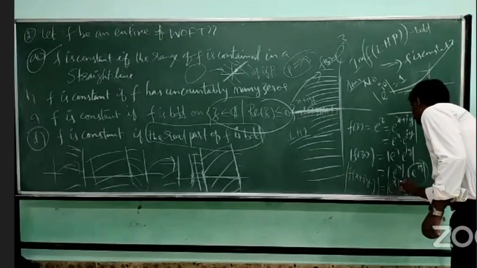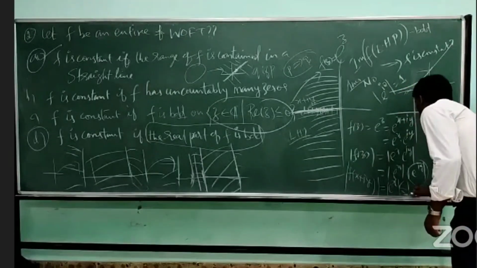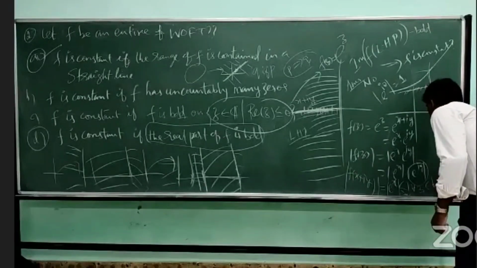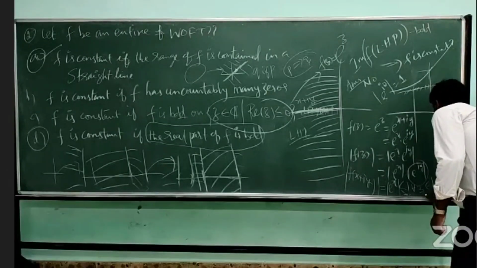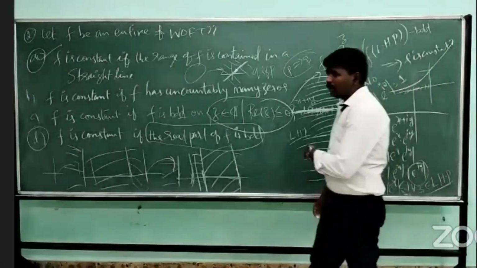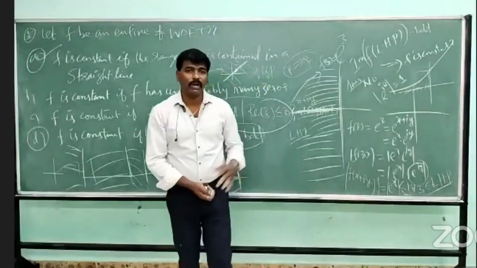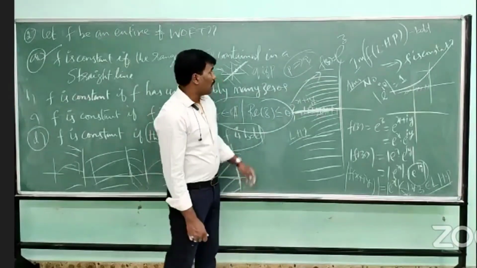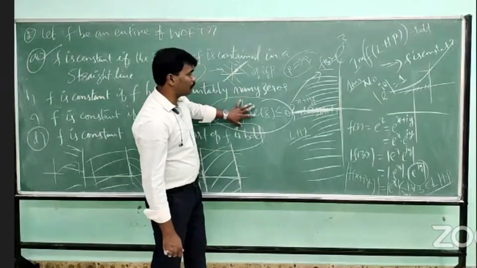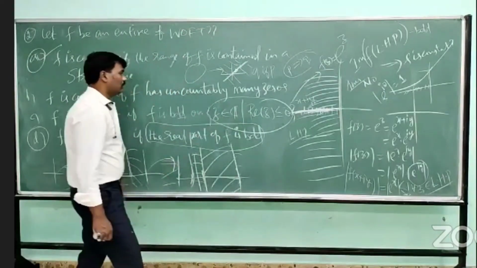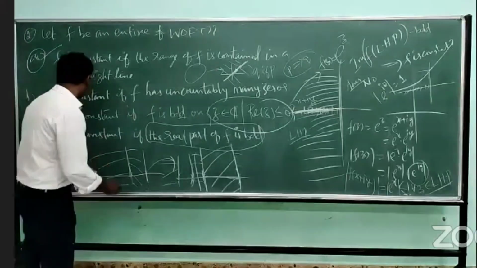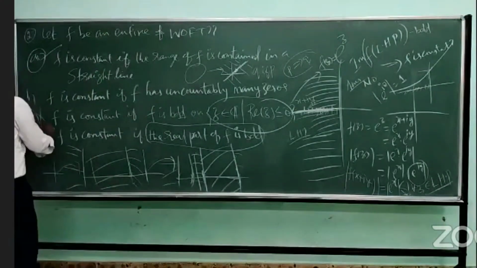So this is bounded by less than or equal to 1 for every element belonging to the left half plane. I have an entire function with this property, but that does not imply f is constant. Therefore this option is not true.